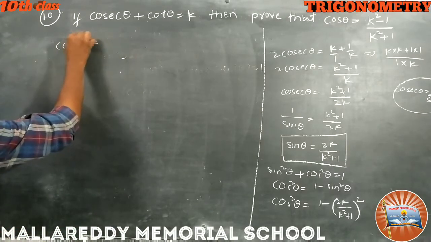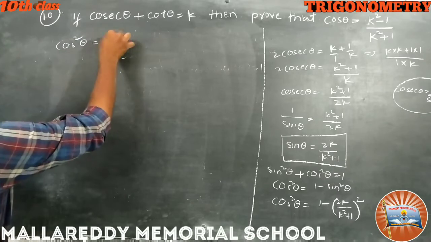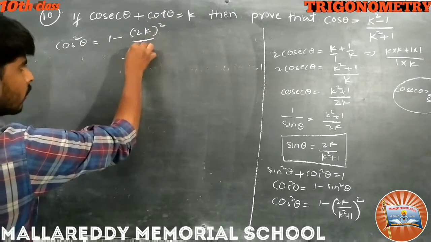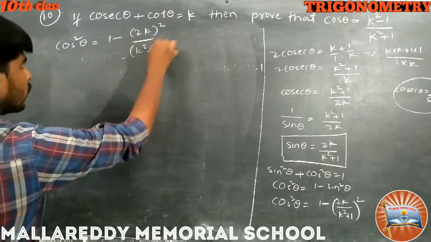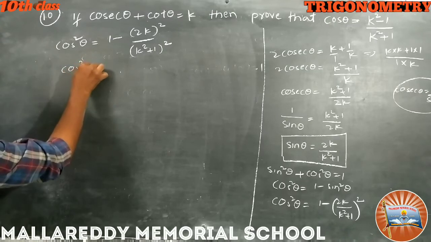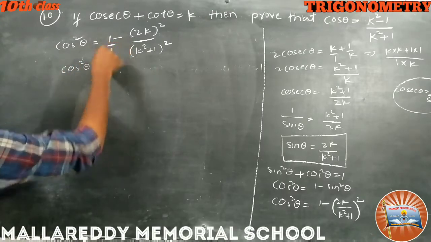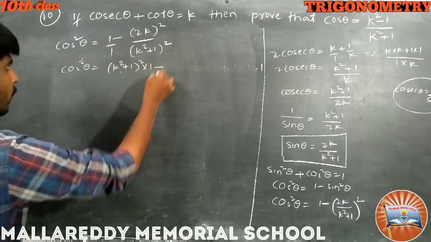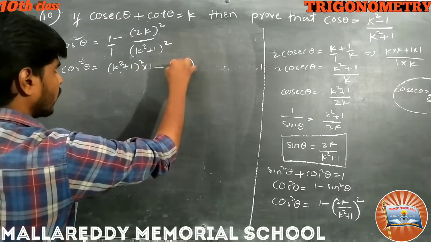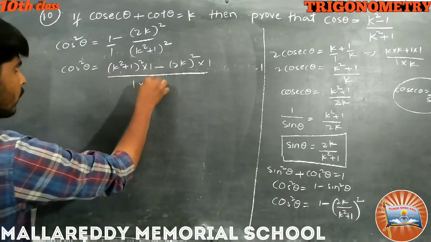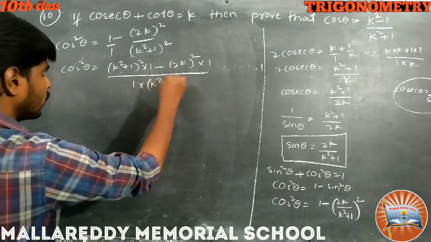So cos square theta is equal to (1 minus 2k) whole square by (k square plus 1) whole square. So what becomes, ma? Cos square theta as it is, take the cross multiplication: (k square plus 1) whole square into (1 minus 2k) whole square into 1 by 1 into (k square plus 1) whole square.